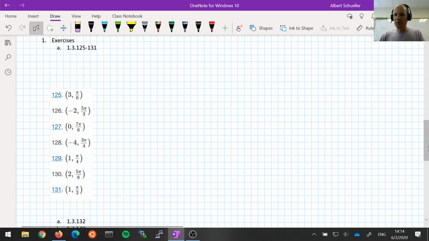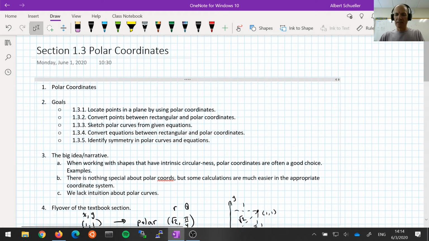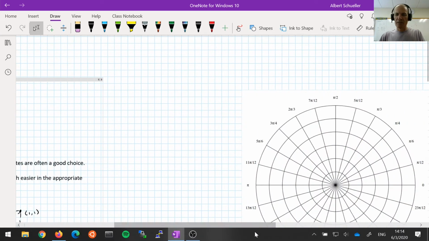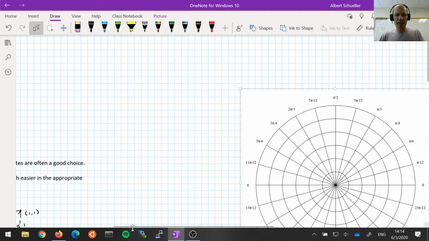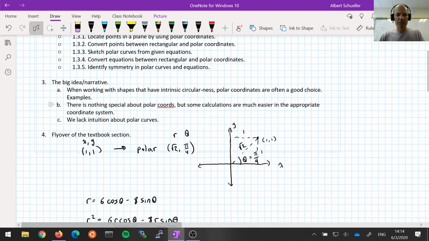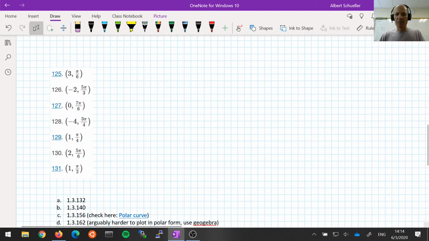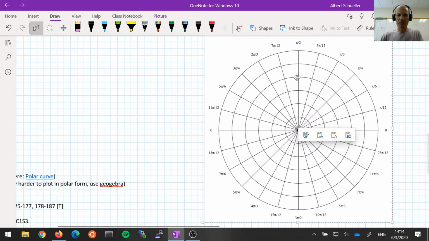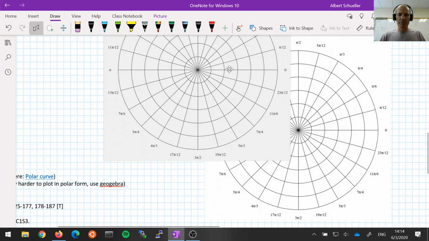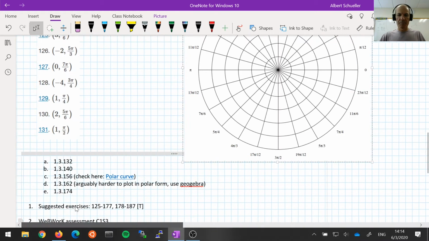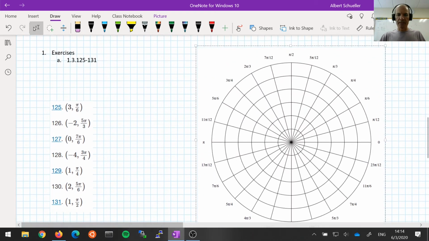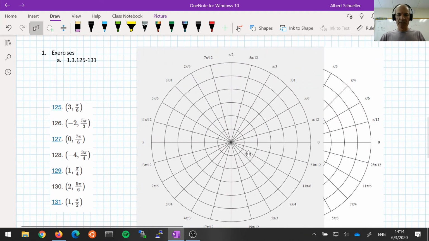In preparation for this lecture, I have a copy of a polar coordinate system here. So let me grab that, and we'll put it down here with the points that we would like to plot.